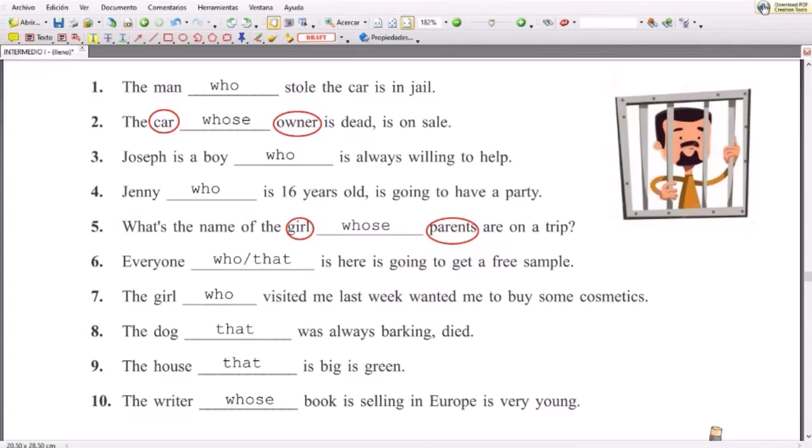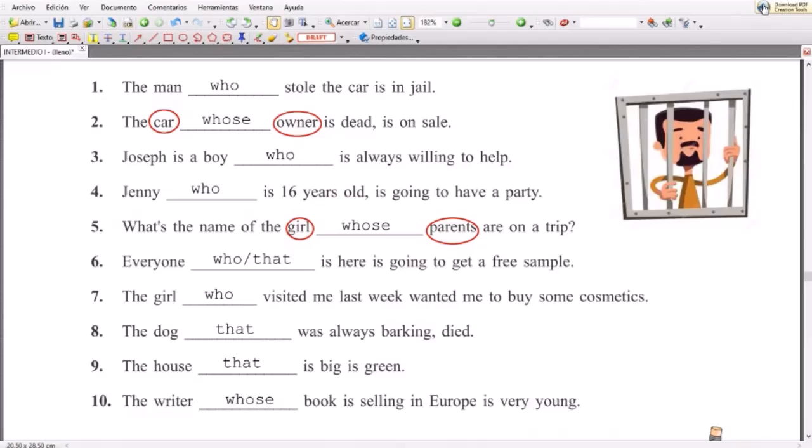But if you don't have any instruction, you can change 8 and 9 into which.